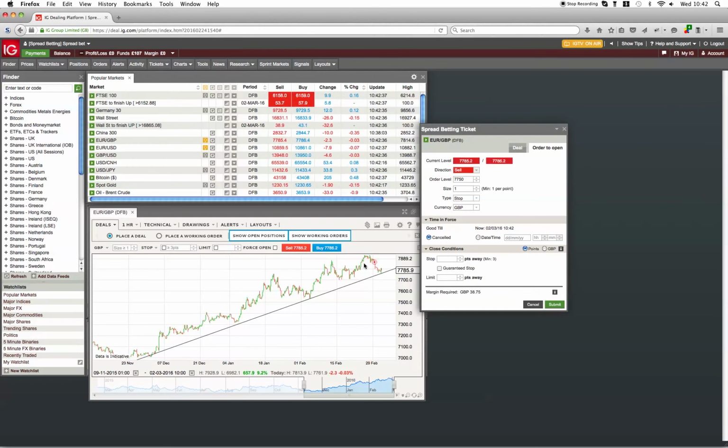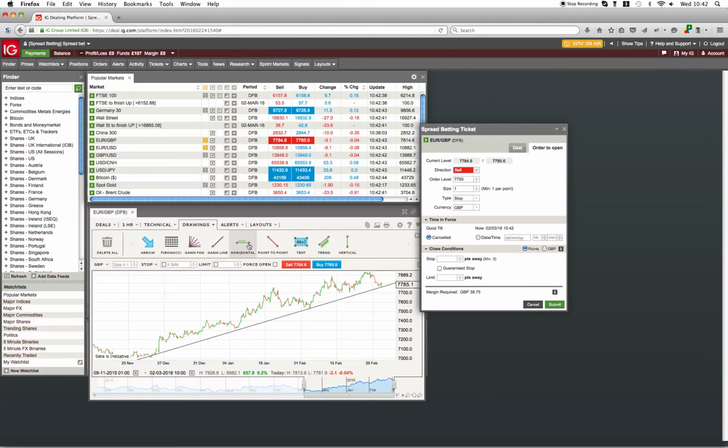And then close conditions. So let's say if we were to sell here, maybe if it got up to halfway, it would be a good idea to stop it if it went back into the range. So let's say 7850. So that's 100 points away.